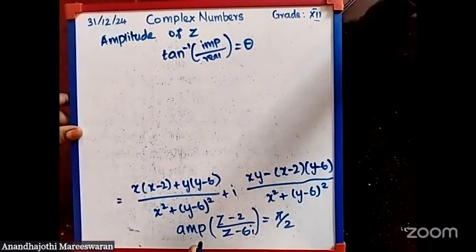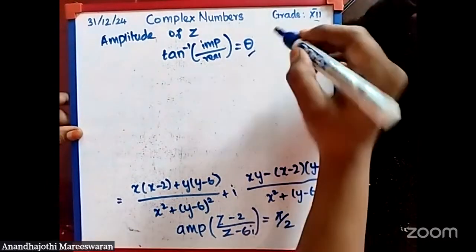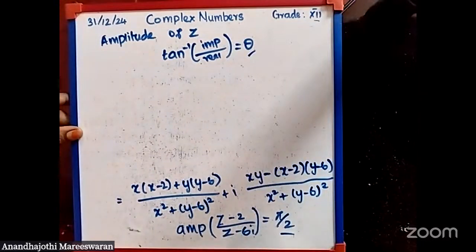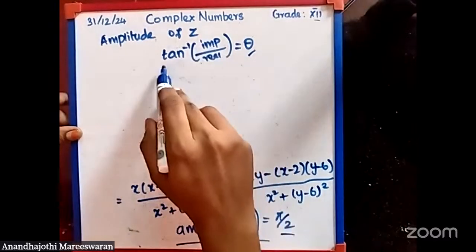What is given in the question? The amplitude of (z minus 2) divided by (z minus 6i) equals pi by 2. So here theta will be equal to pi by 2. So we are going to replace the amplitude with this formula.